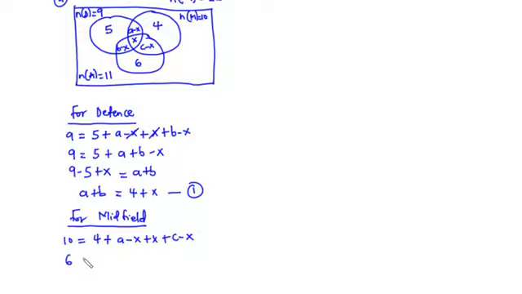So we have 6 equals A plus C minus X, as negative X cancels out X. Now let's transpose negative X to the left hand side. So we have 6 plus X equals A plus C. Let's call this equation 2.